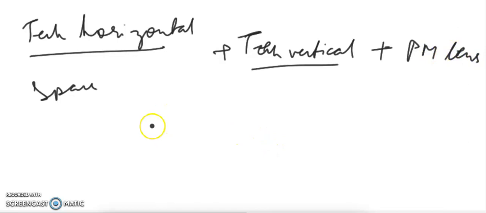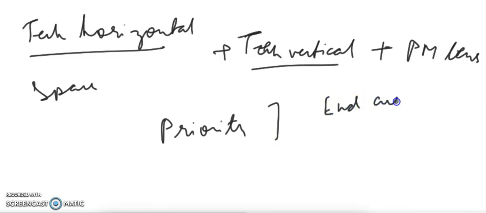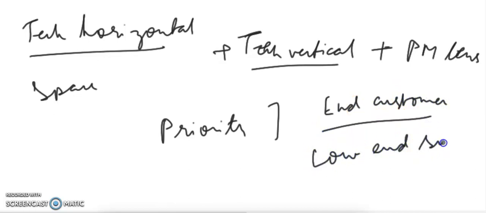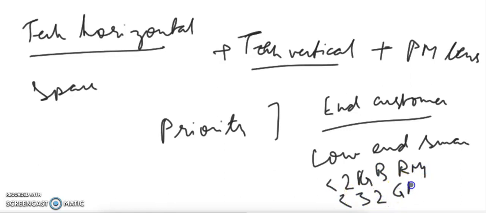Things like, what would be the priority? If you have to look at the stakeholder, someone like an end customer who is using an Android device, coming from a low-end smartphone, let's say less than 2 GB RAM and less than 32 GB storage, let's define this.